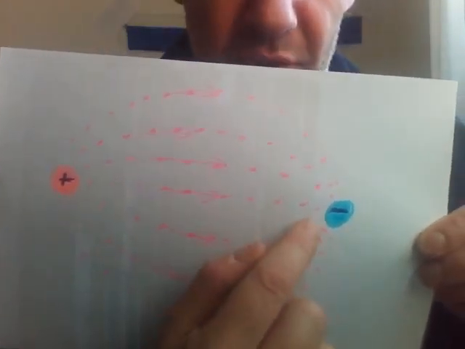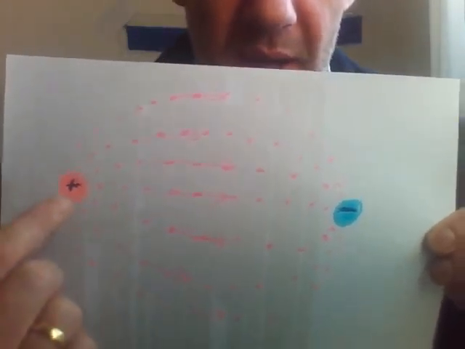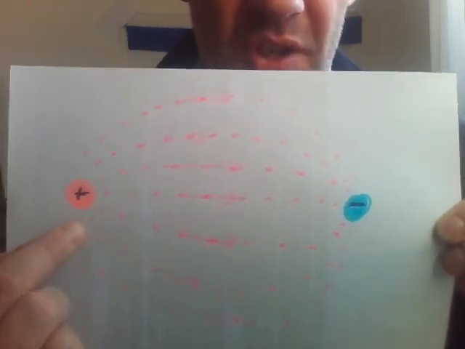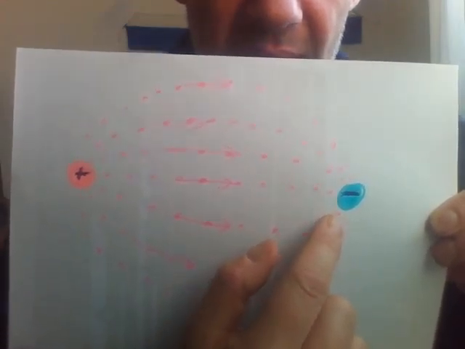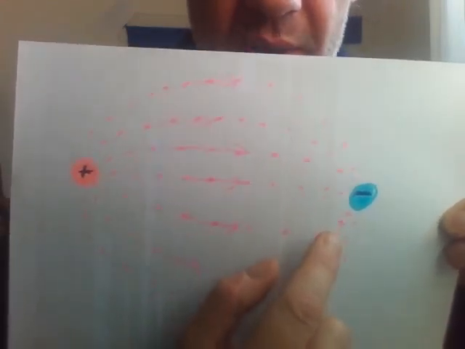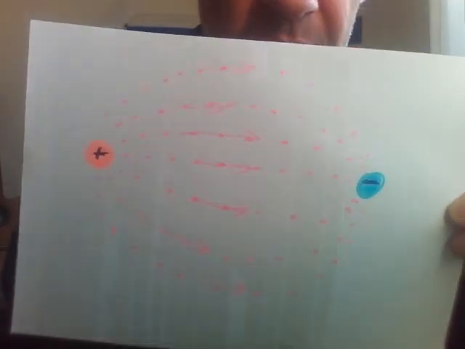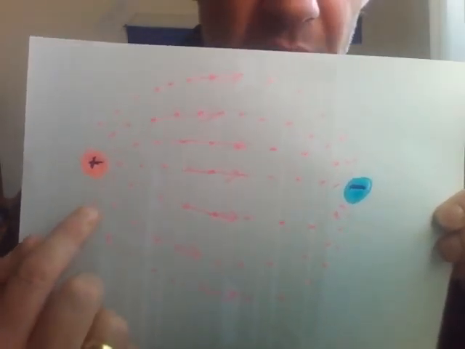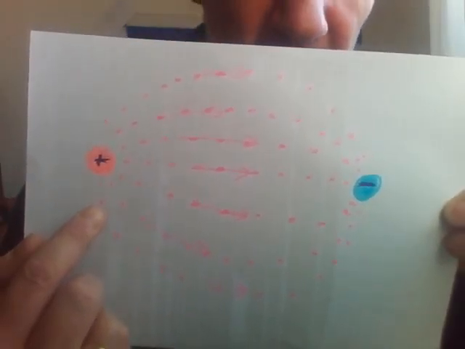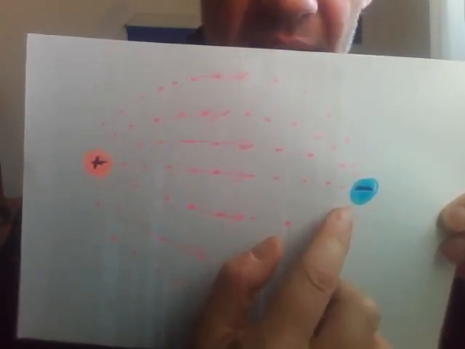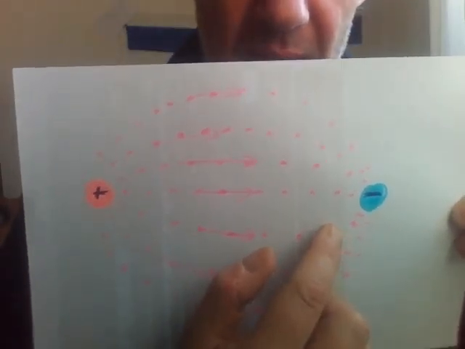Looked at from the positive to the negative side, these particles are flowing. The positive side emits these pink beads and the negative side absorbs them as a drainage. So the positive side acts as a well of the pink particles, and the negative side acts like a drainage of these pink beads.